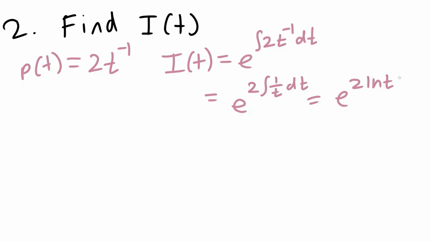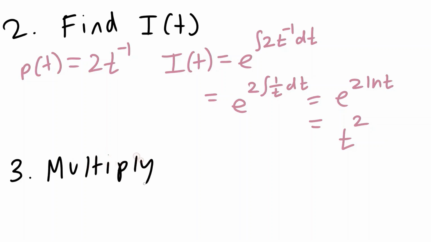Since the e and the ln of t cancel and give us t, and the 2 stays up there, we get t squared. So this is our integrating factor, and with it we can do step 3, which is to multiply both sides of the equation.